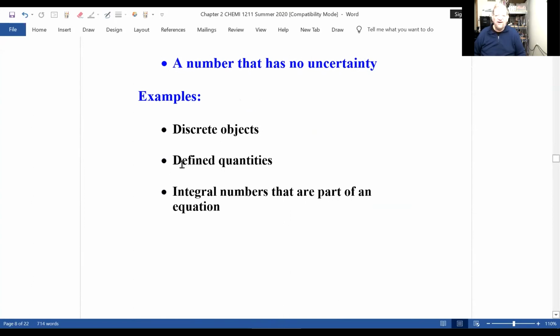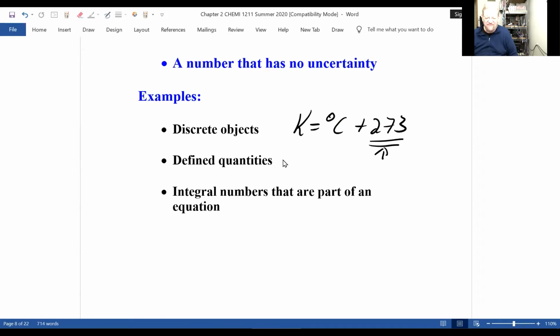Now, I've already talked about exact numbers, and they're discrete objects or defined quantities or integral numbers that are part of an equation. I'll teach you later on, don't write this down, how do you convert from centigrade or Celsius to Kelvin? Kelvin equals degrees C plus 273. I'll teach you that later this week or next week. And this is an exact number because it's part of an equation.